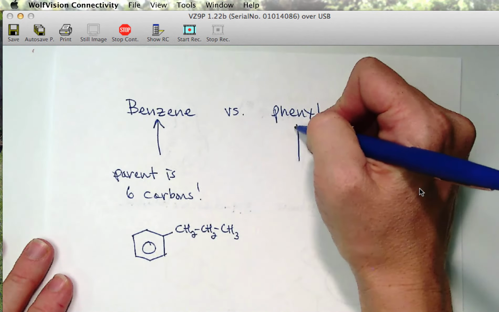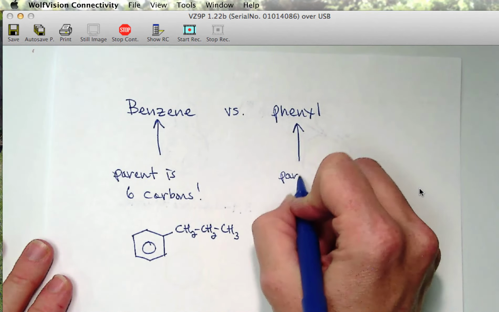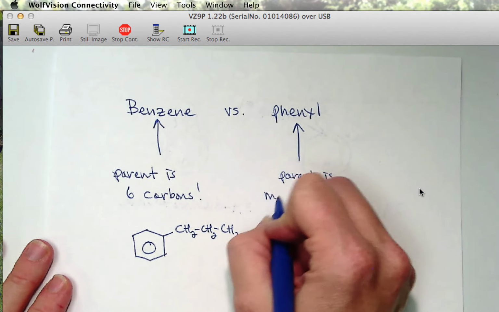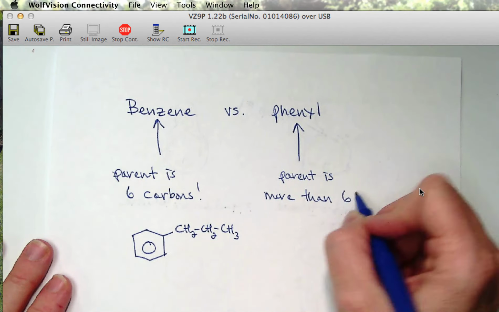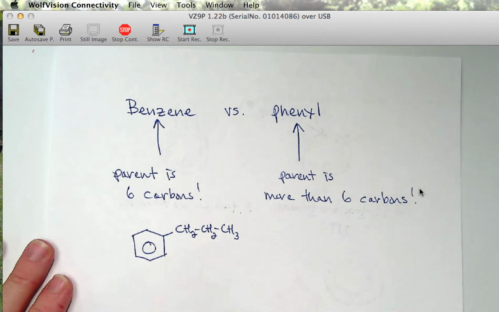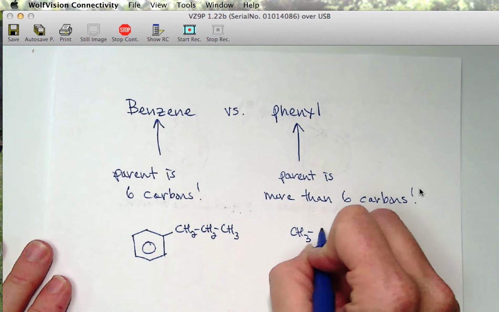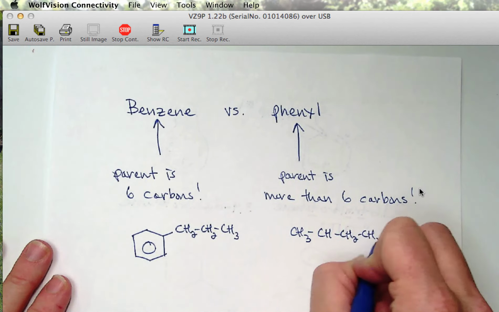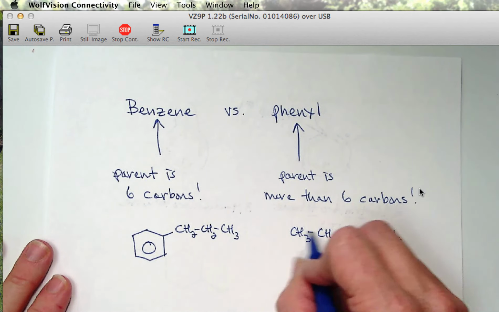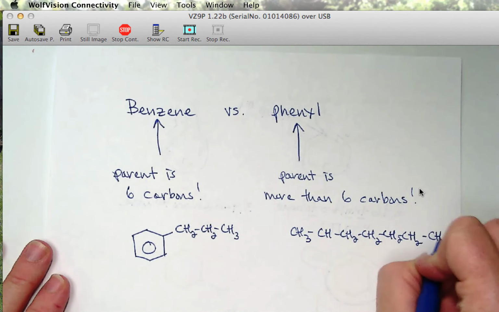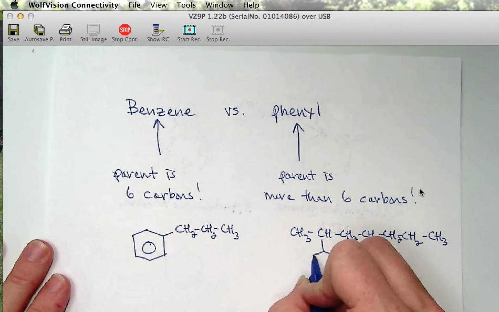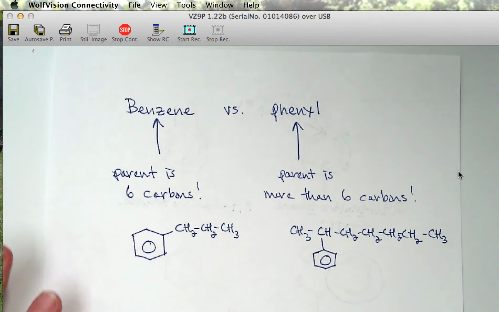Phenyl is used when the parent is more than 6 carbons. I'm going to do the names.